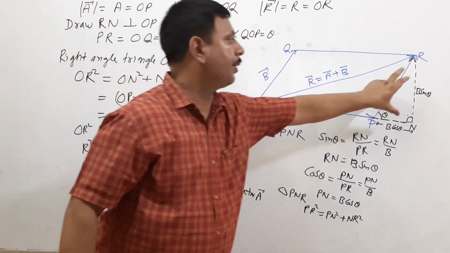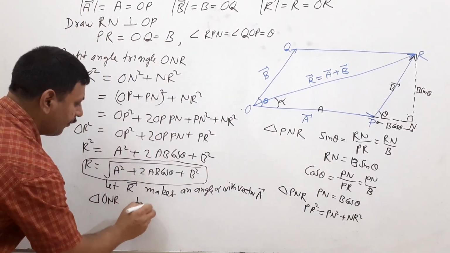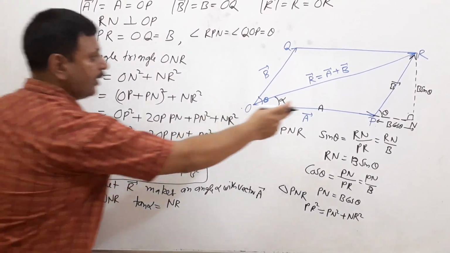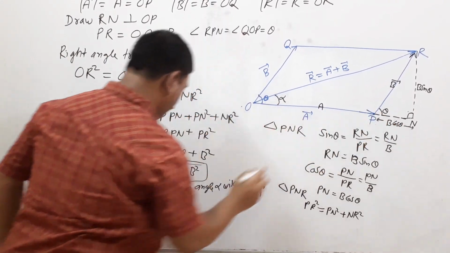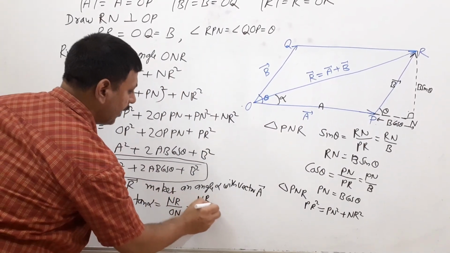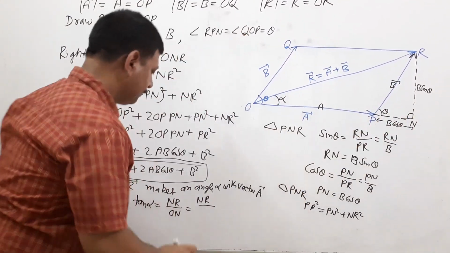Tan alpha is perpendicular upon base. Perpendicular is NR in the figure and base is ON. ON means OP plus PN.